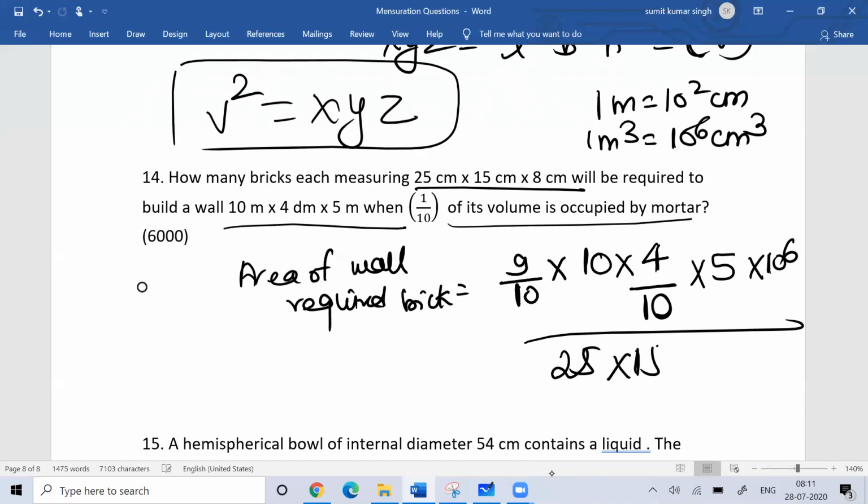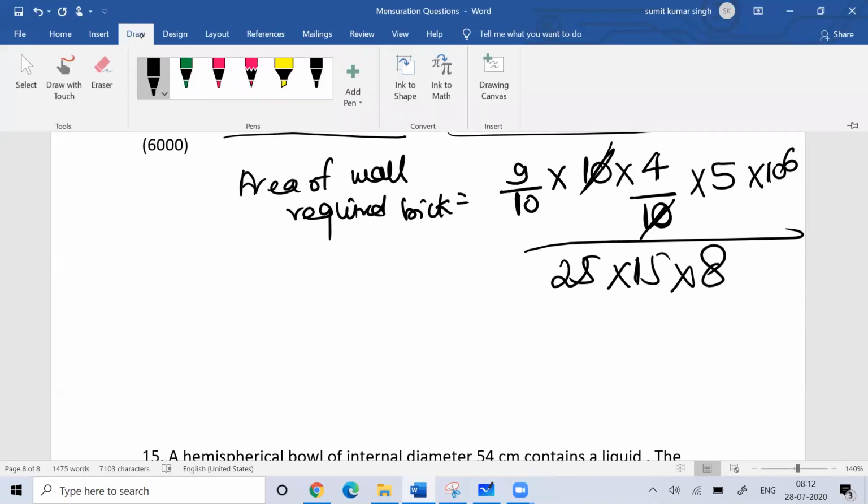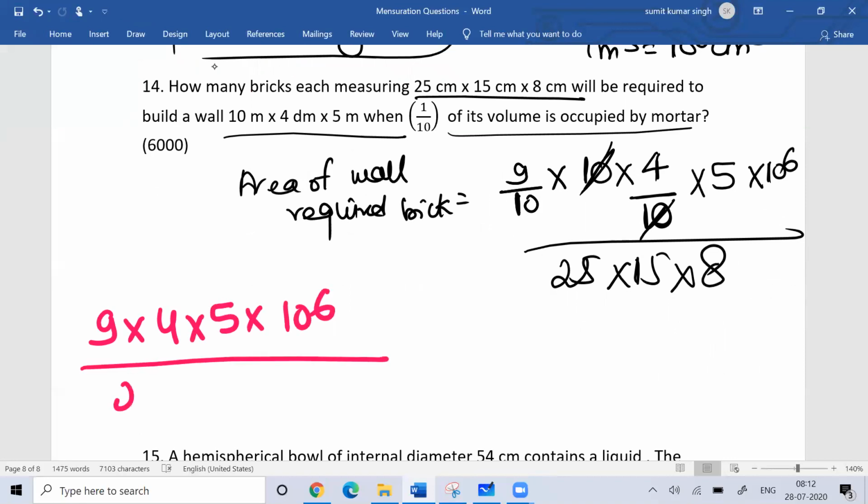This is 25 into 15 into 8. So you can cancel this and this. Then to do the calculation, I can write this as 9 into 4 into 5 into 10 to the power 6, divided by 25 into 15 into 8 into 10. 9 by 10, cut 10.